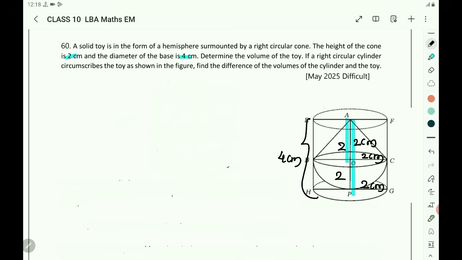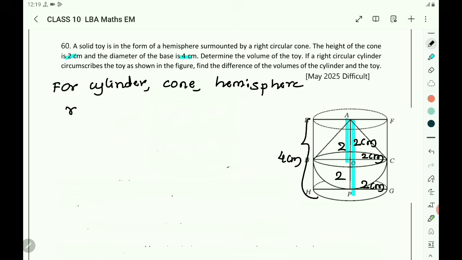Then you write for cylinder, cone, hemisphere, R equals 2 centimeter, and for cone H equals 2 centimeter, that is given.